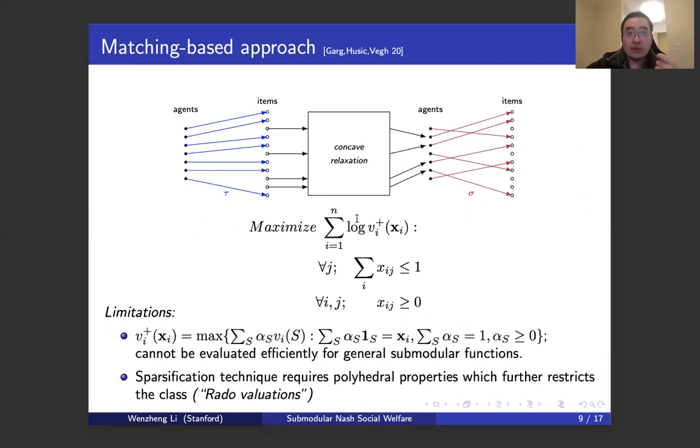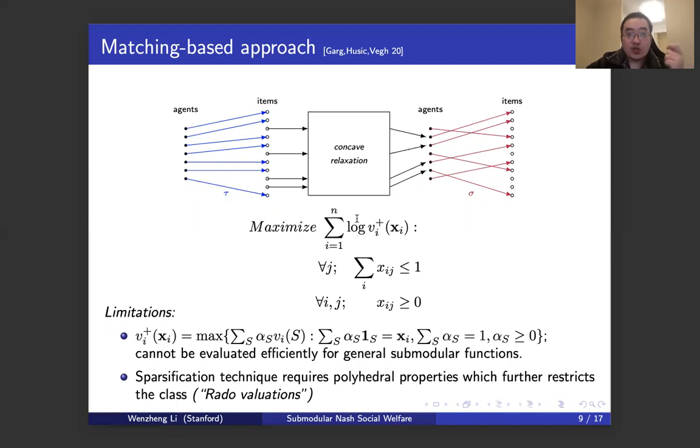But it's well known that we cannot evaluate the concave extension for general submodular functions. That only works for a special subclass called gross substitutes functions. And second, to sparsify the solution, they require some polyhedral properties of the function, which further restricts the class.